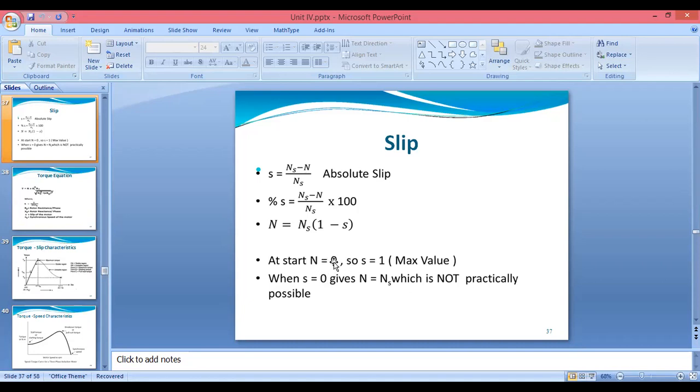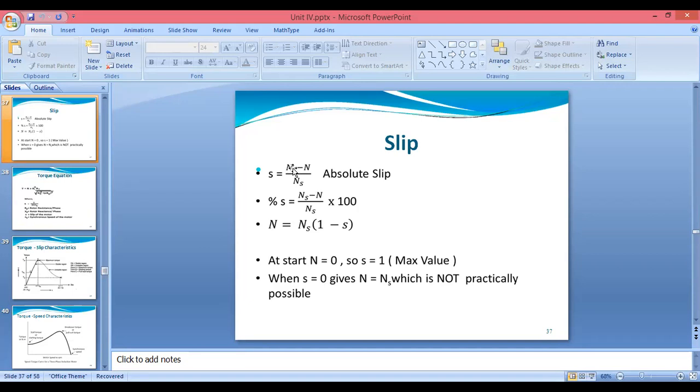So if you are taking speed equal to 0, the slip can be taken as equal to Ns minus N upon Ns. Capital Ns is the synchronous speed in revolutions per minute, and small ns is the speed in revolutions per second.